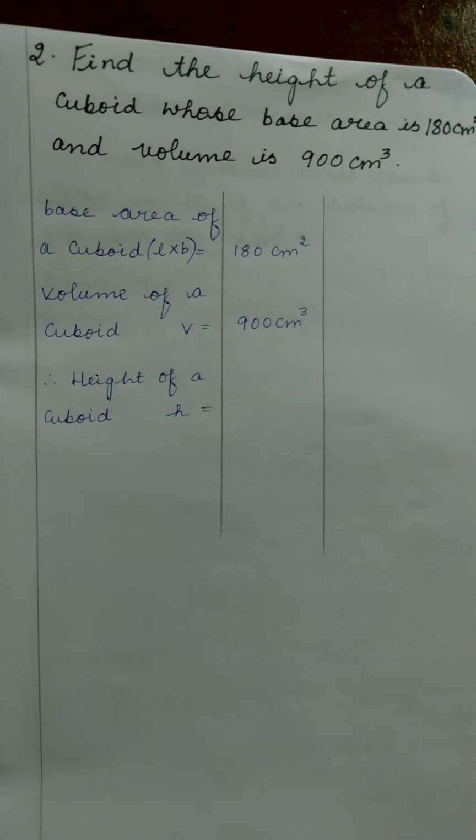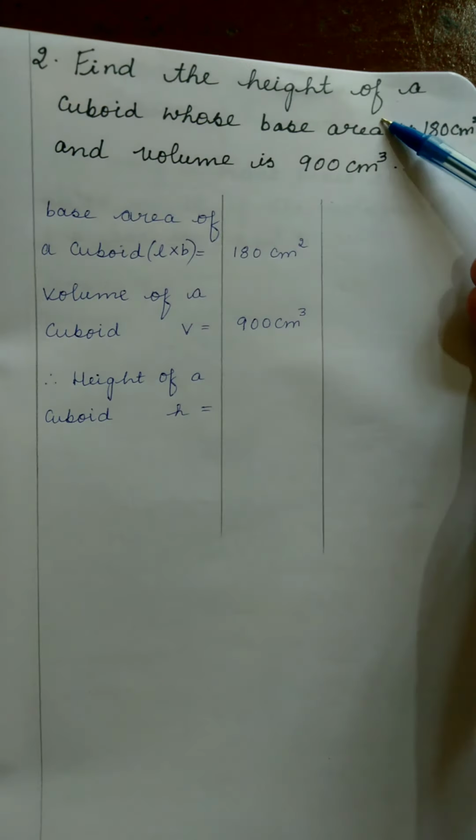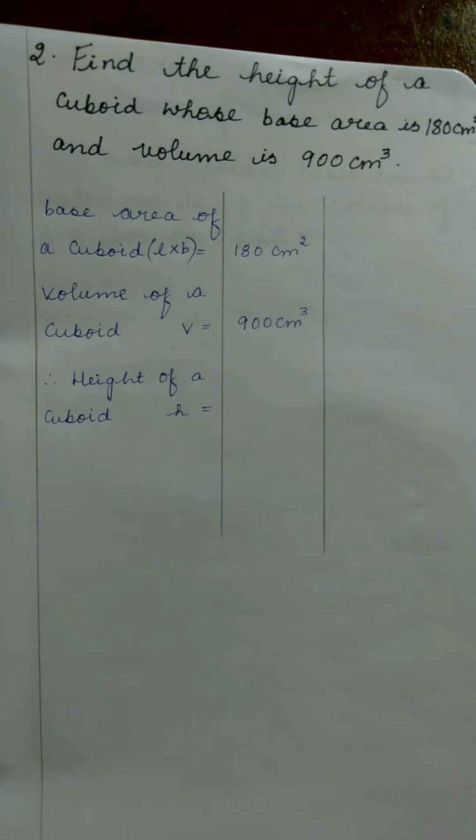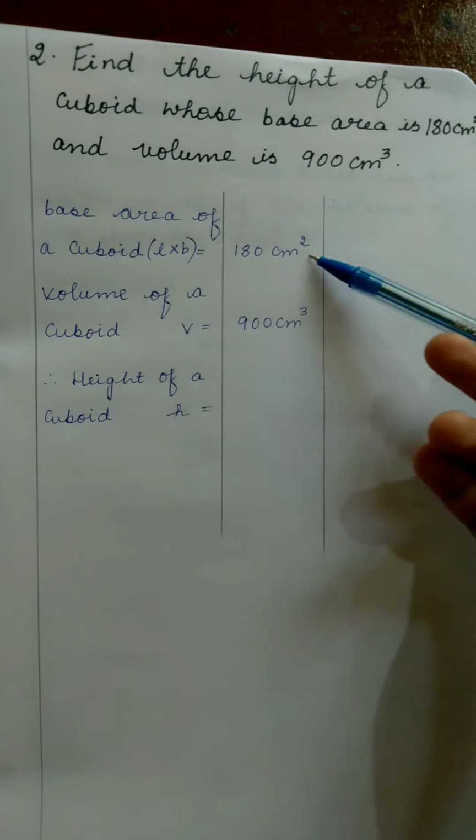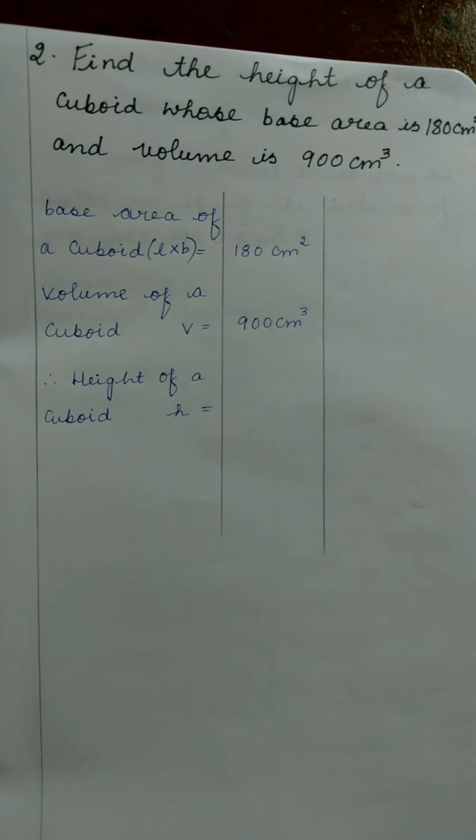Second problem. Find the height of a cuboid whose base area is 180 centimeter square and volume is 900 centimeter cube. We have here the base area of a cuboid equal to 180 centimeter square.